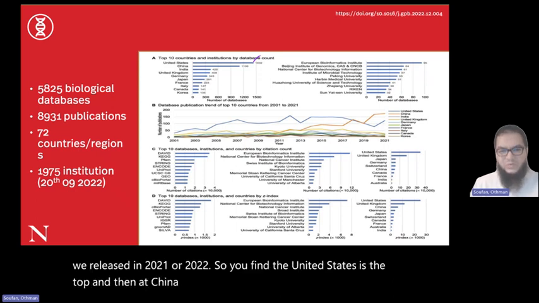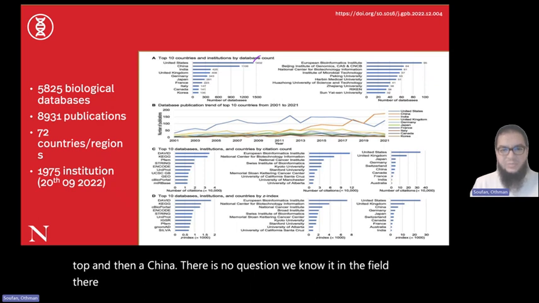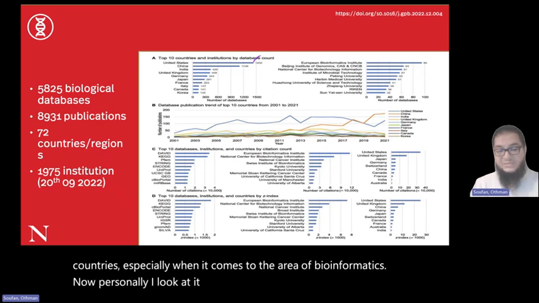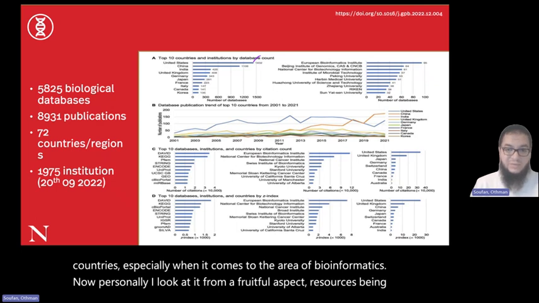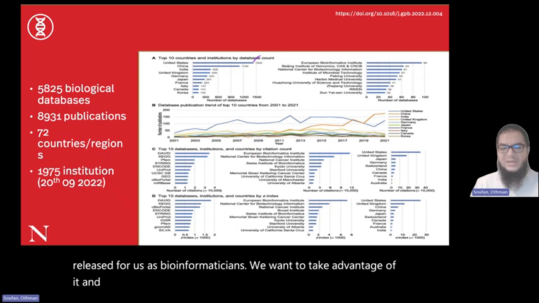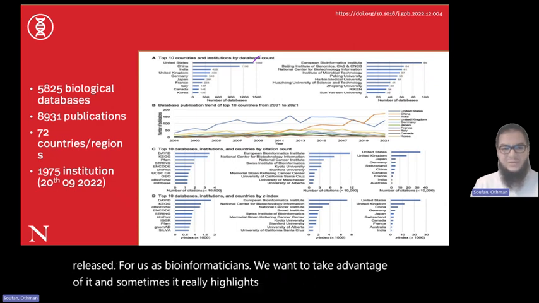There's no question, we know it in the field, there is research competition. There are efforts in different countries, especially when it comes to the area of bioinformatics. Now, personally, I look at it from a fruitful aspect. Resources being released for us as bioinformaticians, we want to take advantage of it. And sometimes it really highlights different aspects.